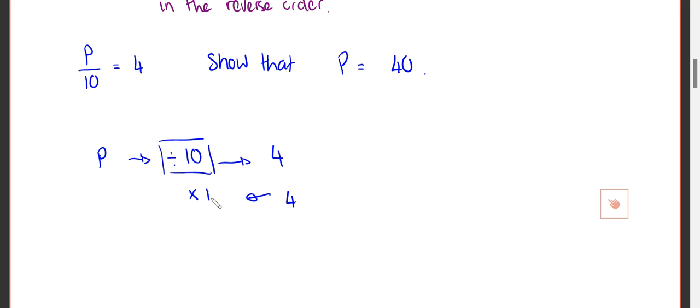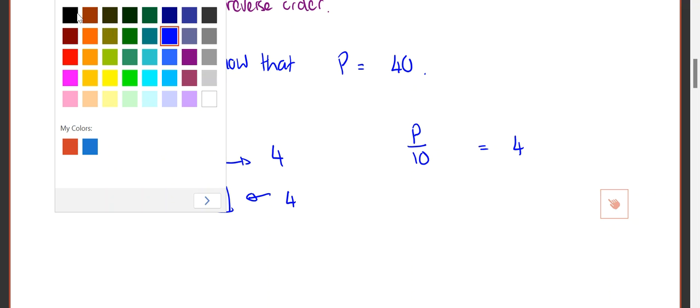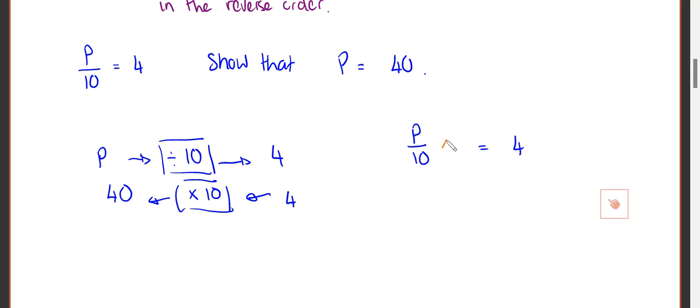So we times it by 10 to find out that the answer is 40. So that's using function machines, but I can equally do this. I'm going to show my working algebraically by just saying, well, times 10 on both sides, and that gives me P, because that cancels with that, equals 40.